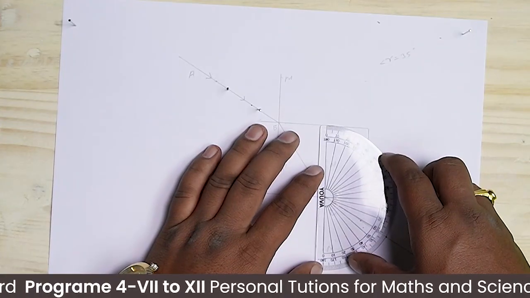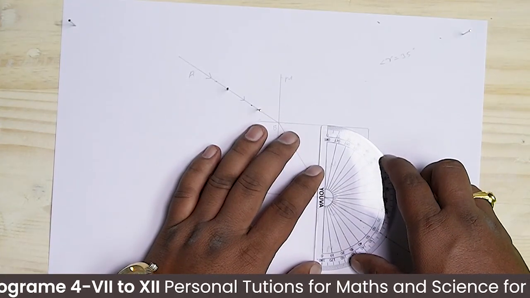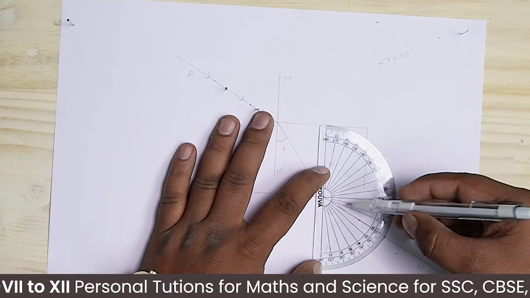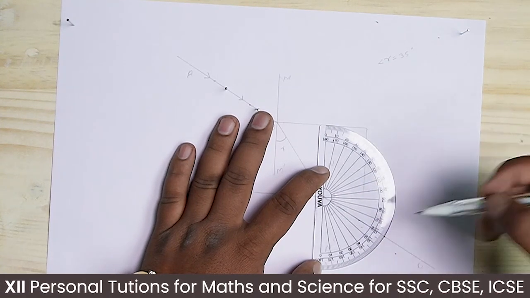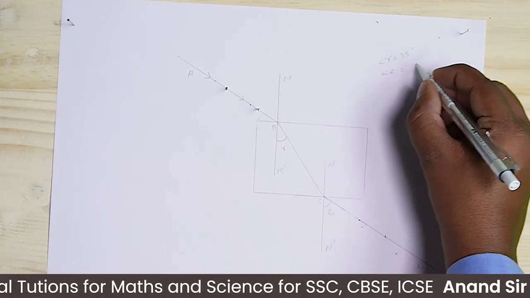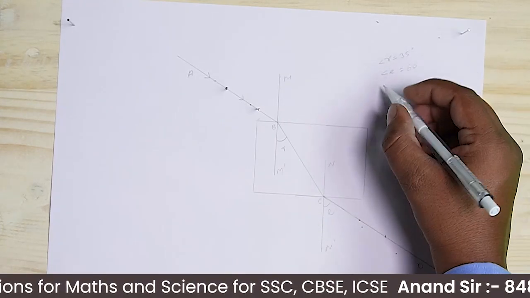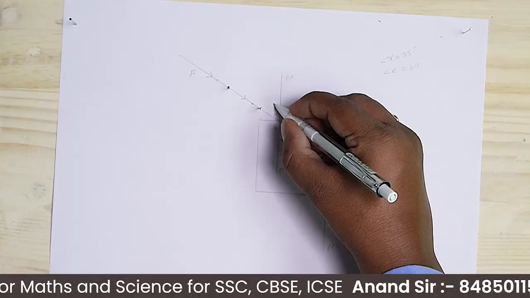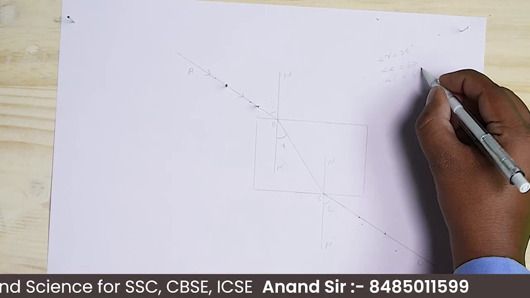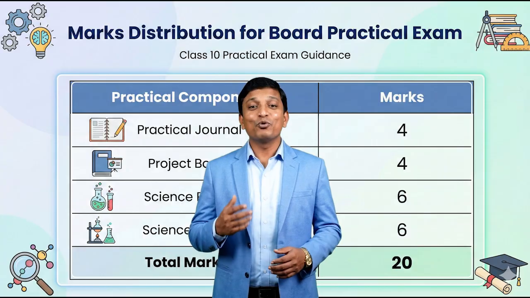Angle of emergence is 60 degrees. Angle E is 60 degrees, and the angle of incidence is also 60 degrees. Actual marks distribution for board practical exam.